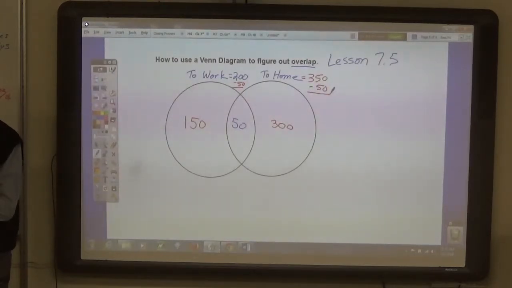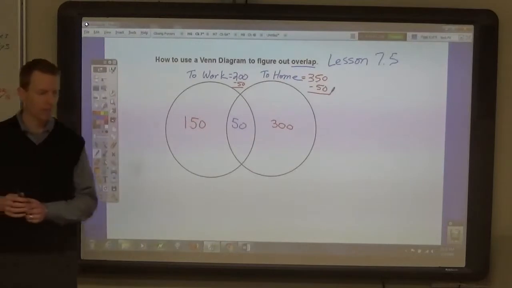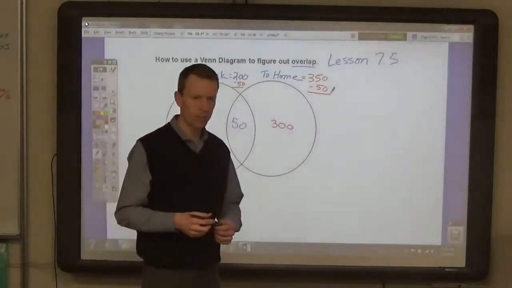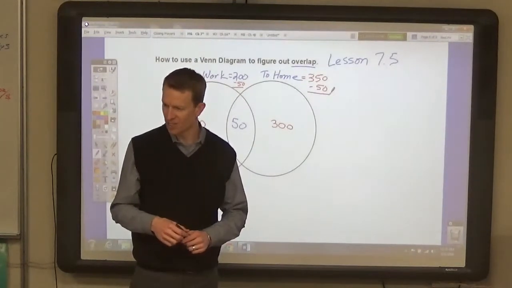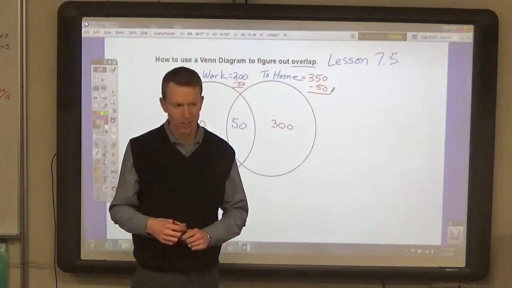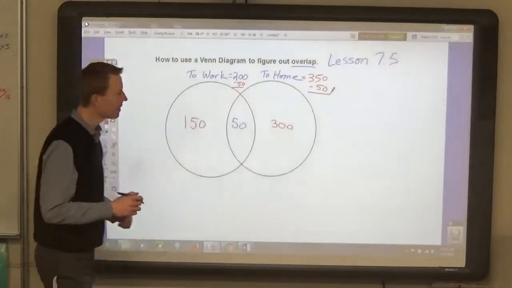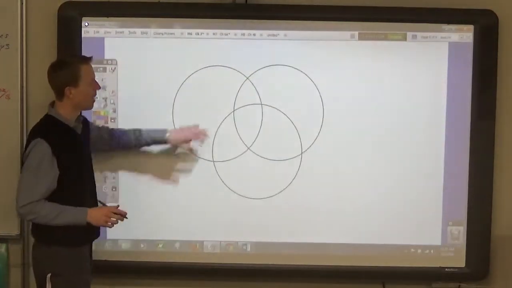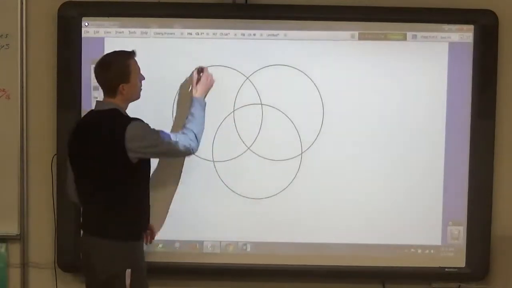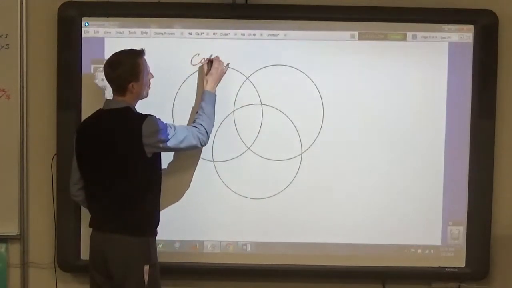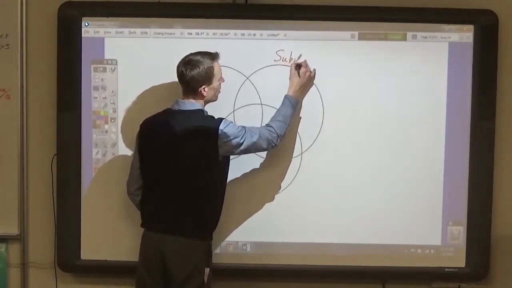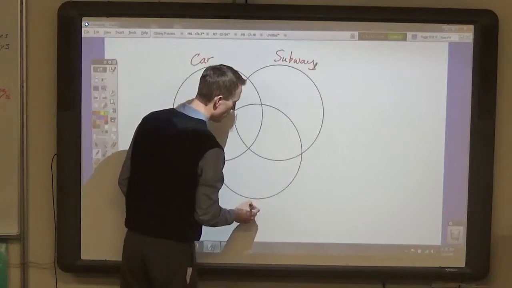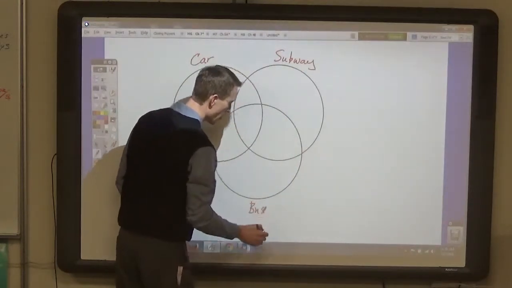Does that work? Is that what you do? Let's put this together in a Venn diagram. I've got one already ready for you. So we've got car transportation, we have subway transportation, and we have bus transportation, right?